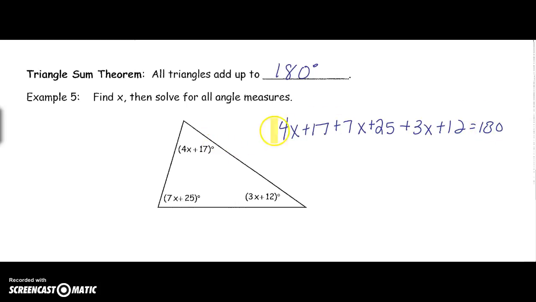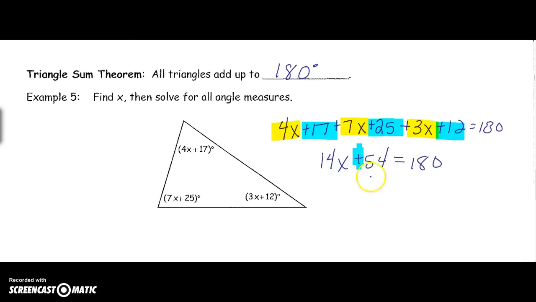So again, you would add up all of your like terms. So you have 14x, and then you're going to add up all your other numbers. So 17 plus 25 plus 12 gives you 54, and again, that's equal to 180.